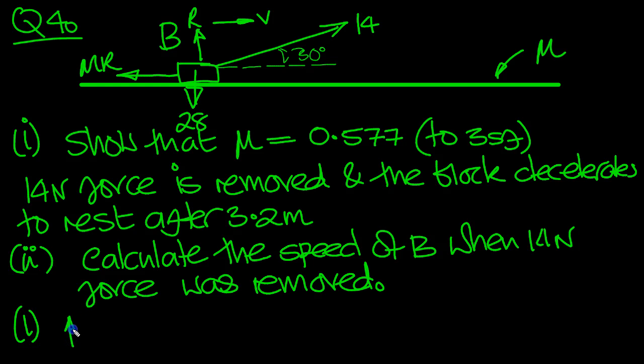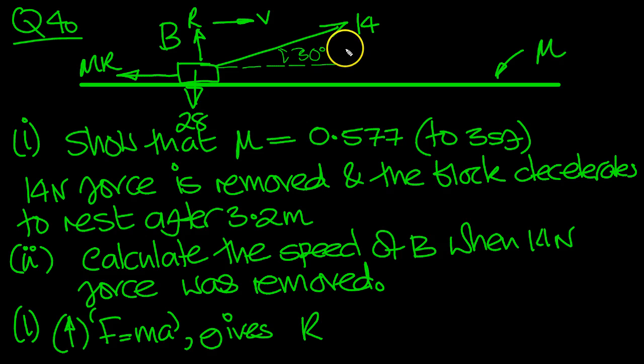So resolving for forces vertically, F equals ma gives, there's no acceleration, so the resultant force will be 0 vertically. R plus the 14 cos of this angle, this is 60 here because this is 30, so this is 60.